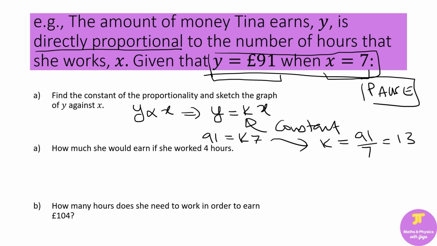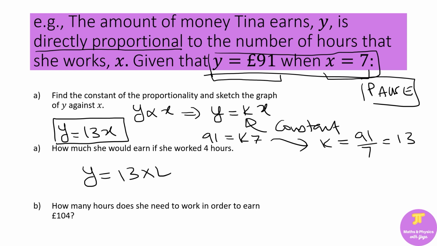The relationship between the money she earns and the hours she works is y equal 13x. So every 1 hour she works, she will be paid 13 pounds. How much would she earn if she works 4 hours? We can find this directly by substituting 4 for x. This is going to be 52 pounds.